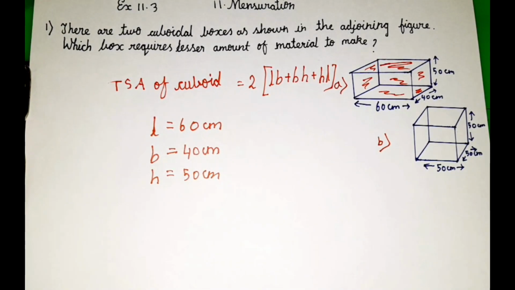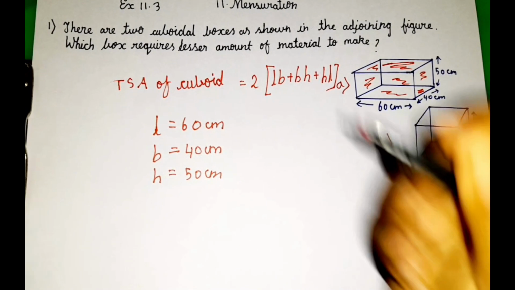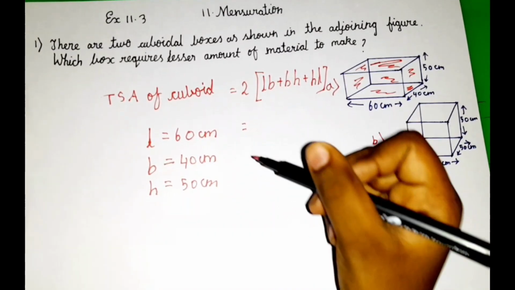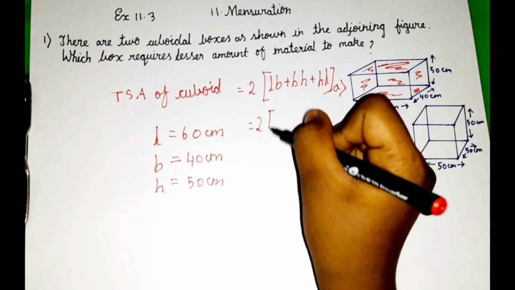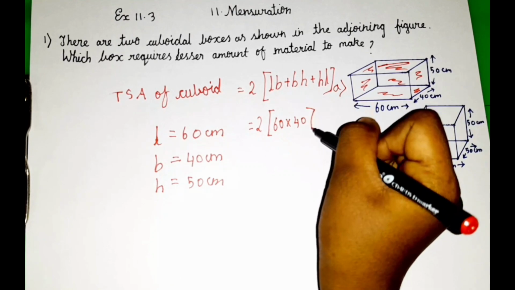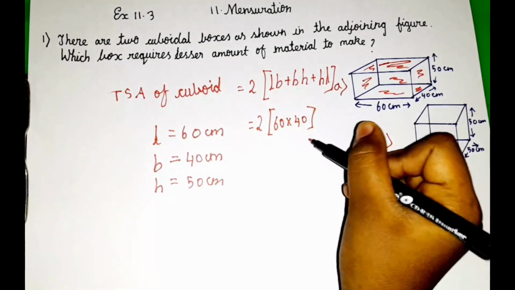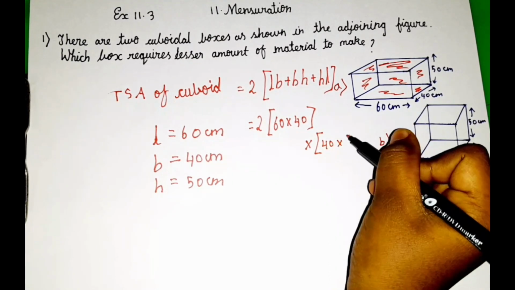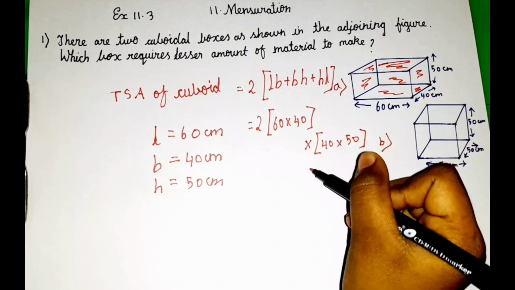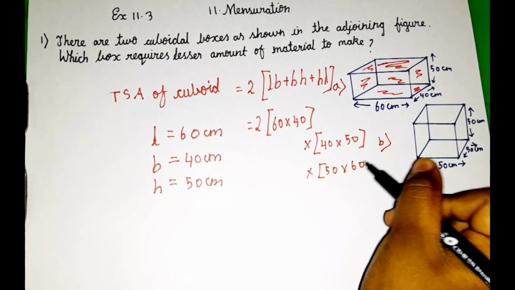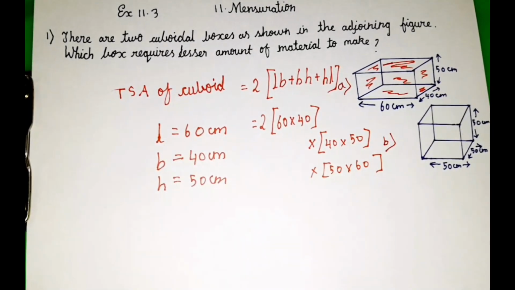Now we are going to apply this formula. We have 2 into LB, so 2 into 60 into 40, and then 40 into 50, and then 50 into 60. I will write it on another paper and show you. Now I am going to write the same thing.